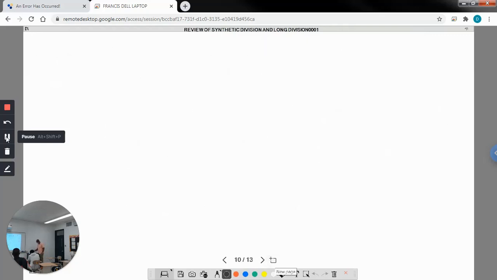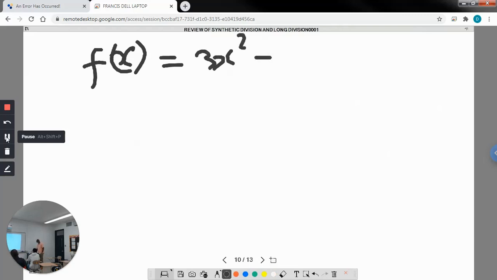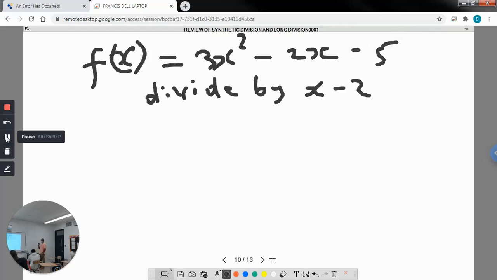Based on what we have over there, f of x is equal to 3x squared minus 2x minus 5, and we are dividing by x minus 2. In order to know what we are going to substitute, we write x minus 2 equals 0 and solve for x, so x will be equal to 2.